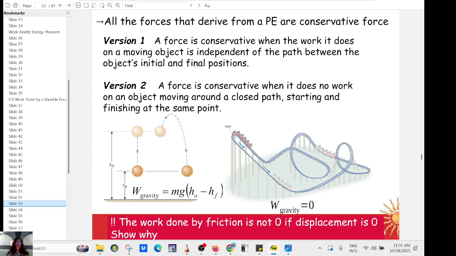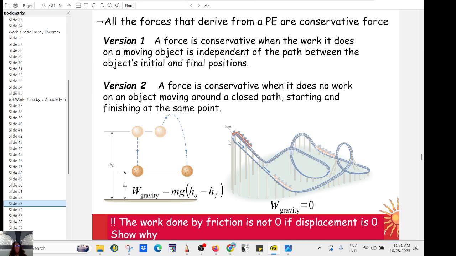So if you have a conservative force, that means you have potential energy, which only depends on the initial and final position. That will be the same change in potential energy.